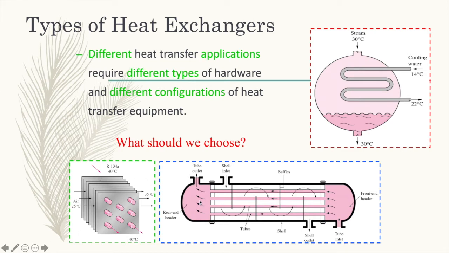At this point, look at this shell and tube heat exchanger. We have the tube outlet here, and we have the tube inlet. The tube inlet will flow the liquid that we want, where the process is either to reduce the temperature or to increase the temperature.